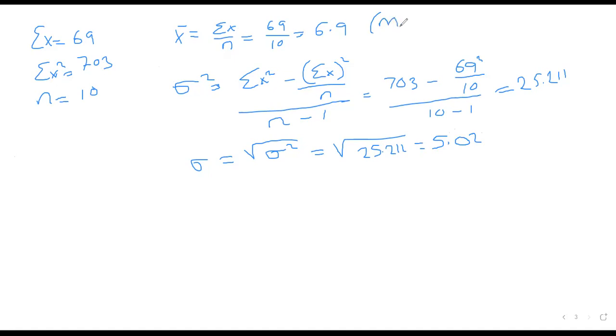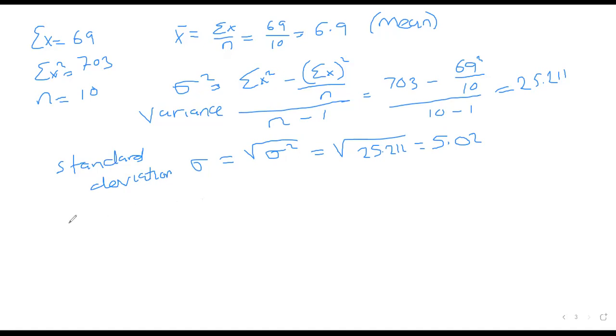For the mean. The sigma squared stands for the what? The variance. The sigma stands for the standard deviation. When we square root it, the variance becomes the standard deviation.